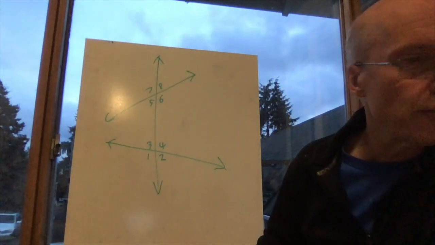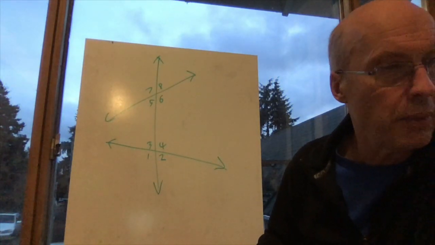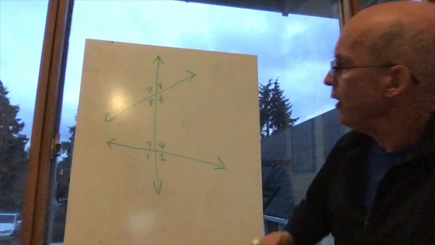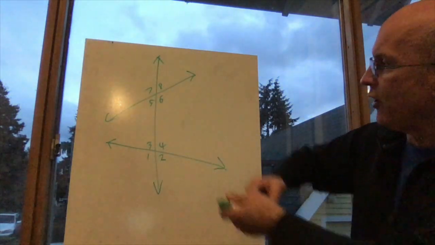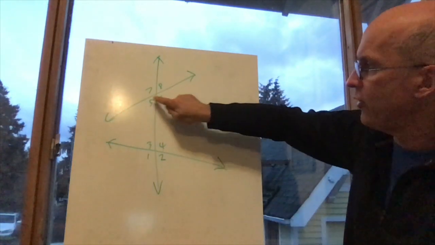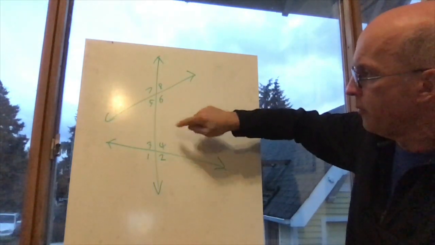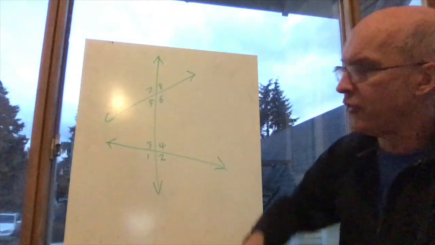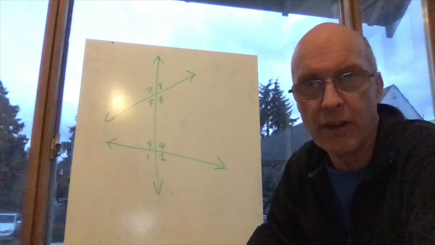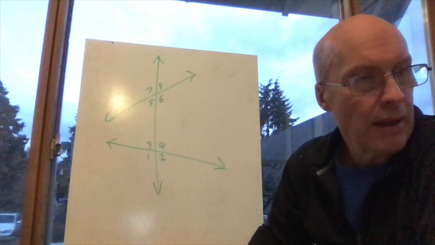They list this for you on page 169, but just so you know, 3, 4, 5, and 6 that are on the inside are called interior angles. 1, 2, 7, 8 that are on the outside of the two lines are called exterior angles. I think that should be pretty easy.